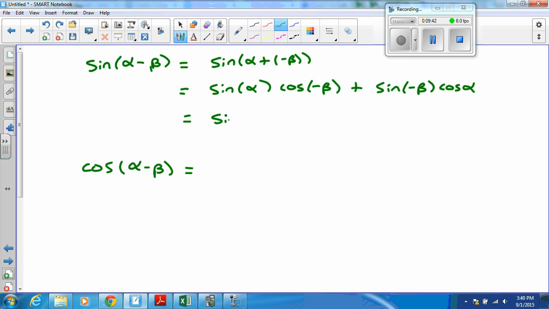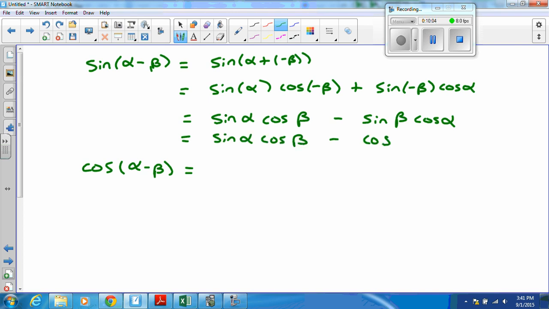And now we remember that cosine of negative beta is the same thing as cosine of beta because cosine is even. And sine of negative beta is the same as negative sine of beta because sine is odd. And lo and behold, we have an angle subtraction identity, which is usually written canonically in a way that parallels the angle addition identity.